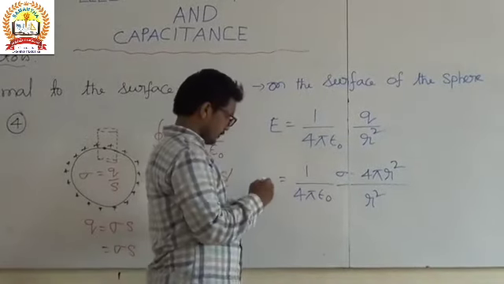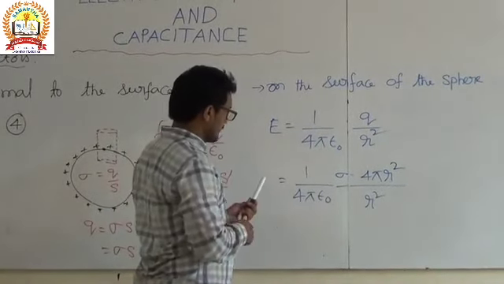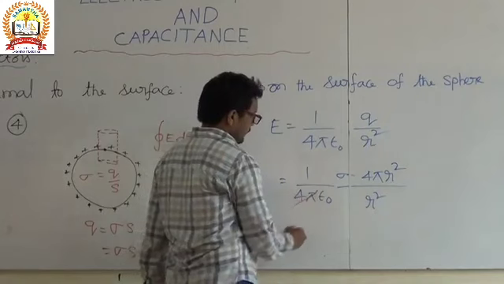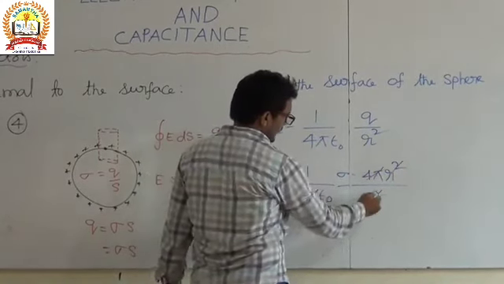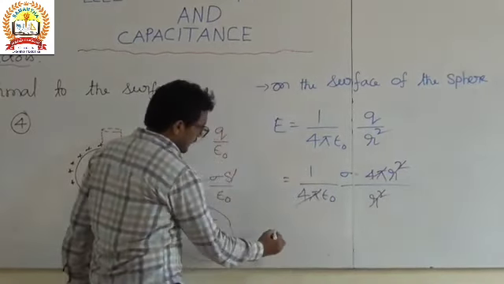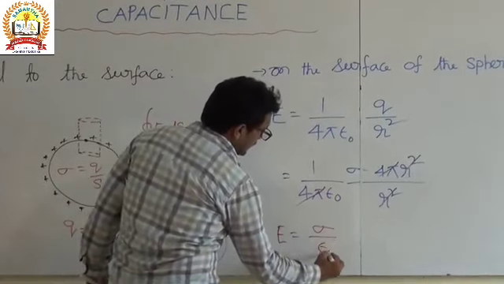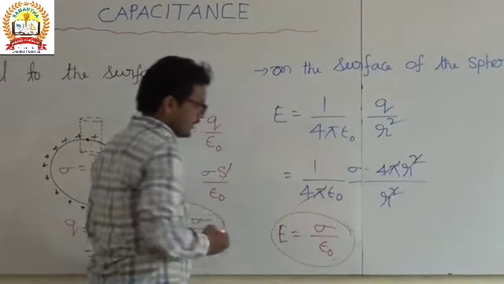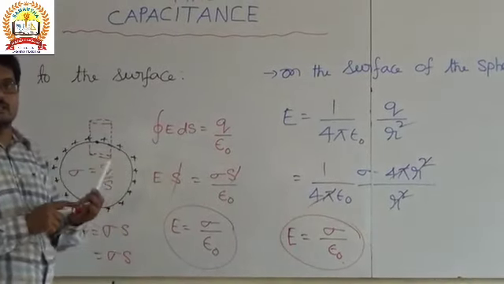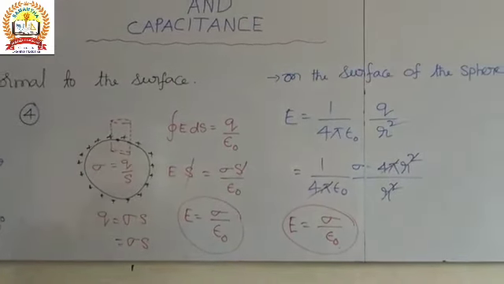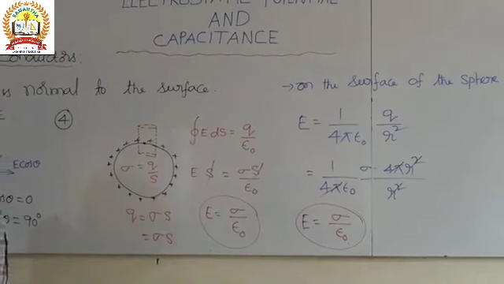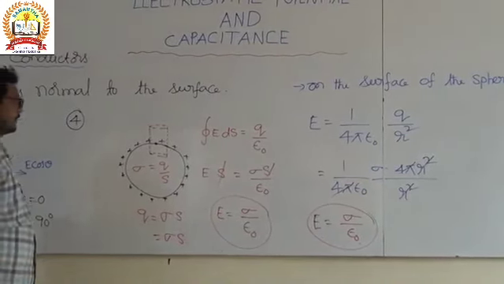Then here 4 pi cancels, r square also cancels. Then electric field E is equal to sigma upon epsilon naught in terms of surface charge density. E equals sigma upon epsilon naught. This is one of the points.